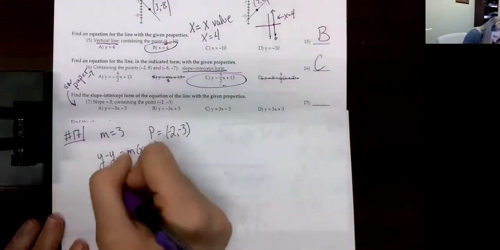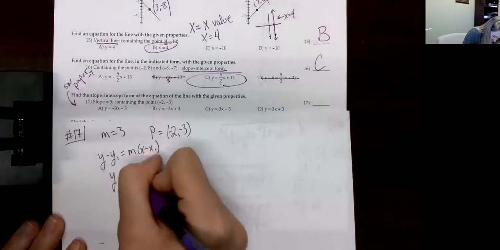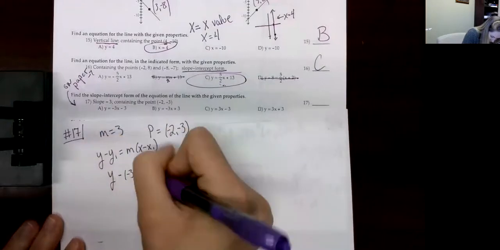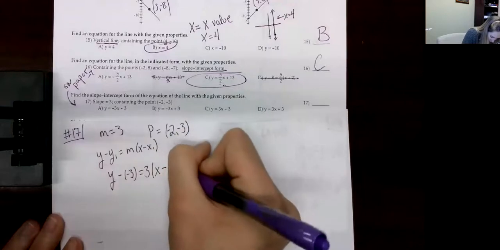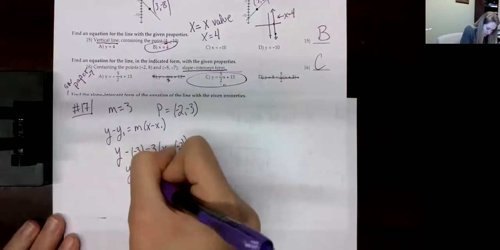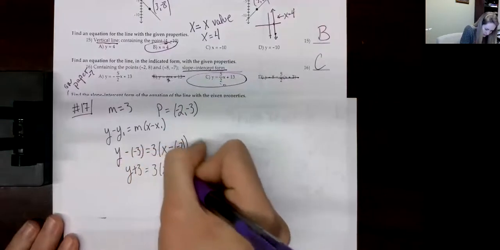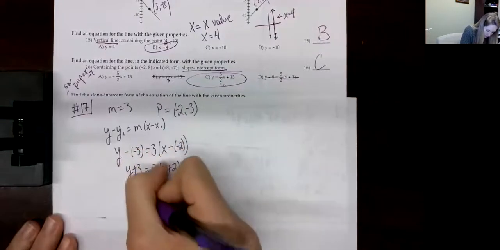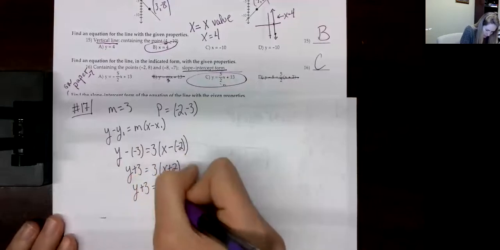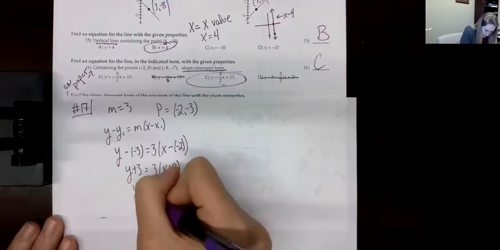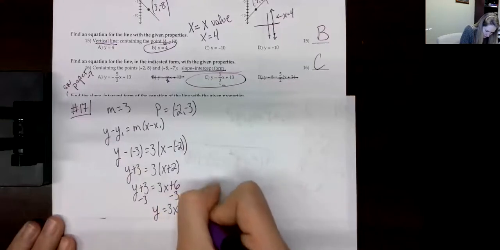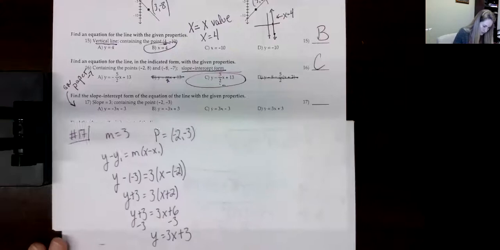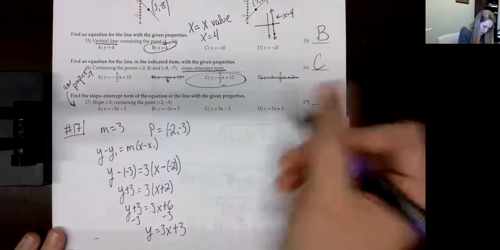So our y1, y subtract negative 3 equals our slope, which is 3, times x subtract x1. So I'd have y plus 3 equals 3 times x plus 2. We'll distribute by 3 and then subtract that 3. Lots of 3's. Y equals 3x plus 3.